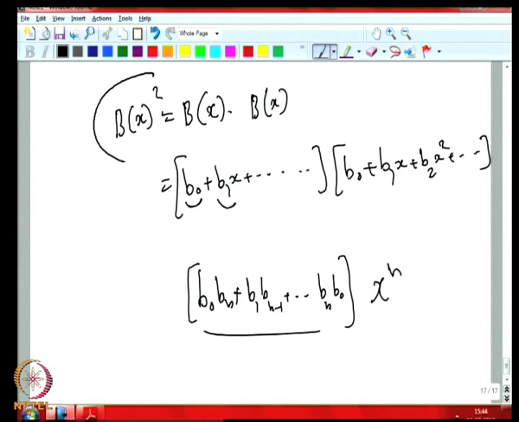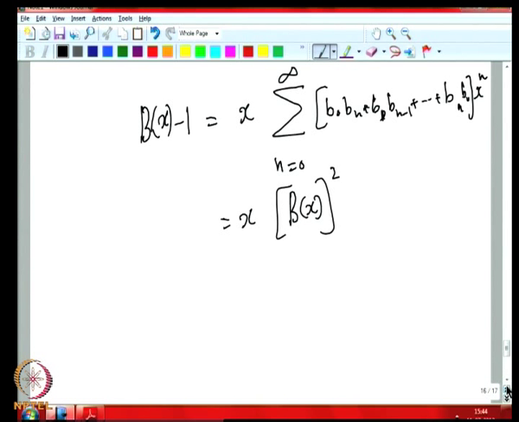So, the coefficient of x raised to n in b of x square is actually this, and we can see that for n equal to 0 to infinity, that is true for everything. So, therefore, x into b of x square is this.